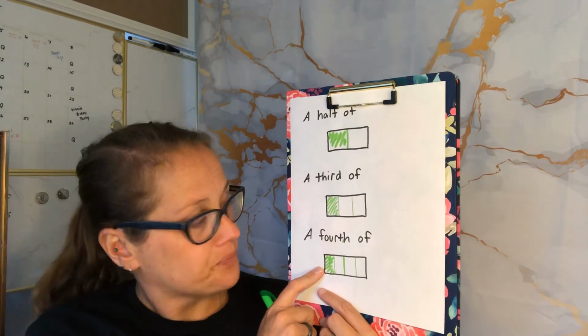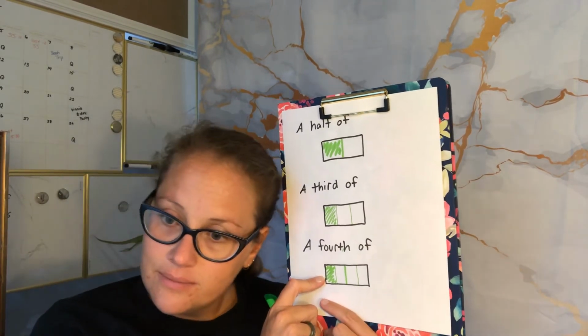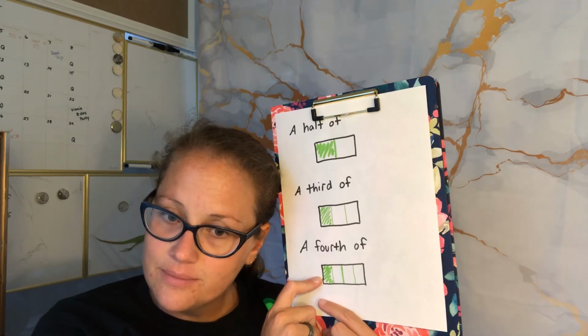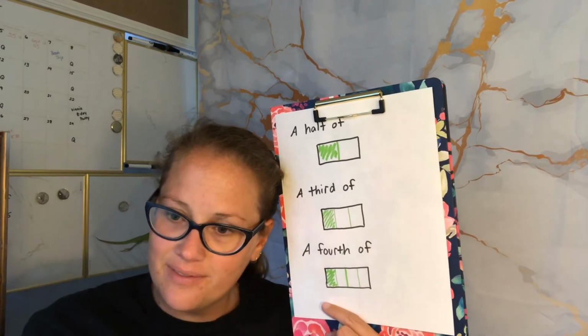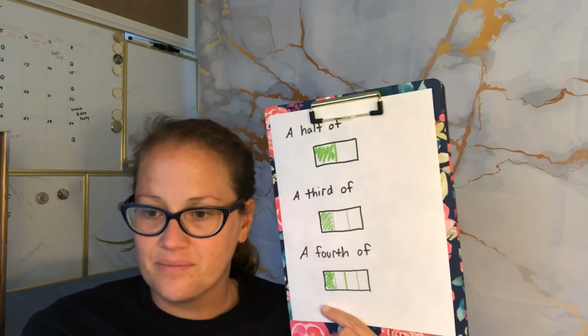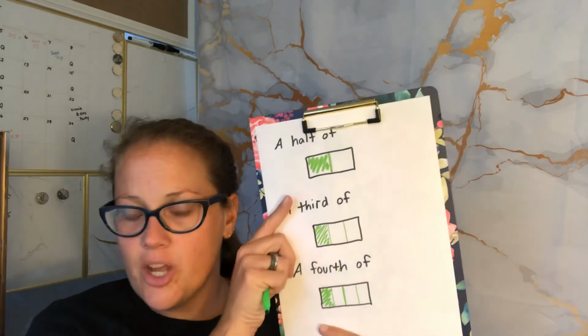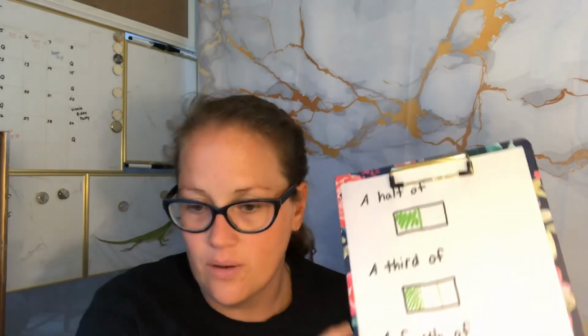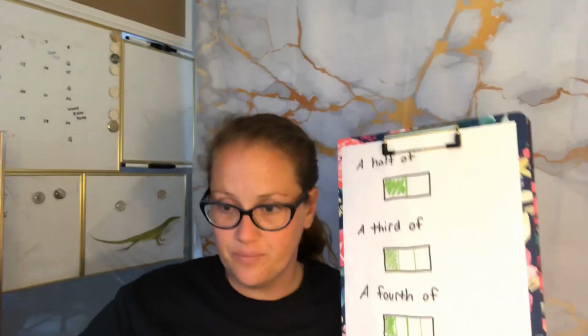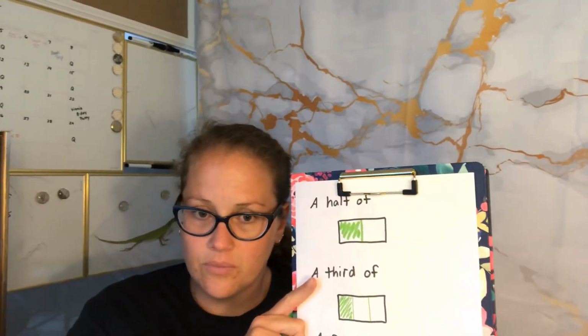Alrighty, friends? Can you see it now? They'll be able to see you. Hey, Gemma. You didn't do your camera. I can see you, Gemma. Why is it only showing the one little girl? It's not showing the teacher.